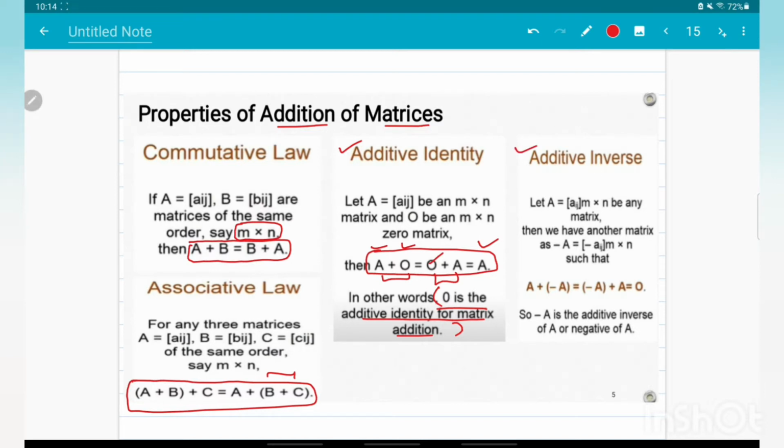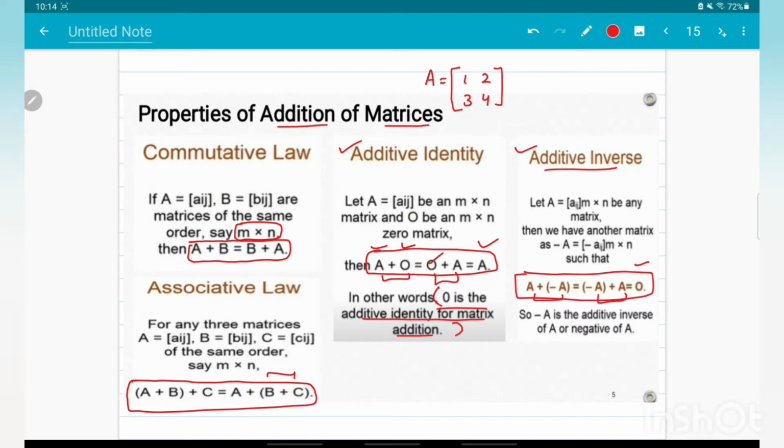Now let us see the next one, that is additive inverse. Now what happens in this additive inverse is that if you add a matrix to the negative of that matrix in either this way or in this manner, then the final result will be a null matrix or a zero matrix. Now what do you mean by negative of matrix? Suppose there is a matrix A that has got elements 1, 2, 3 and 4.